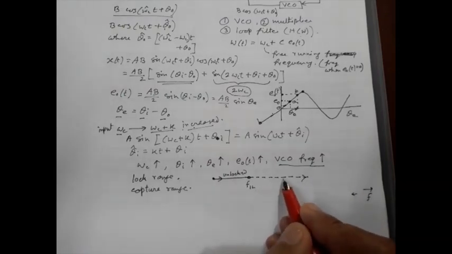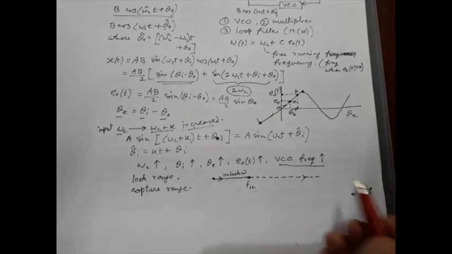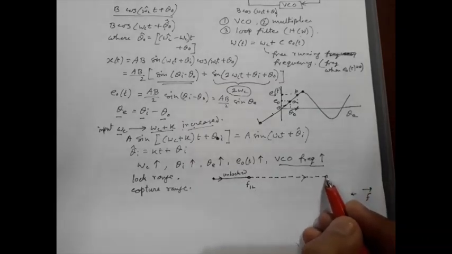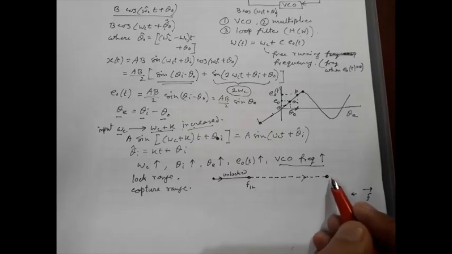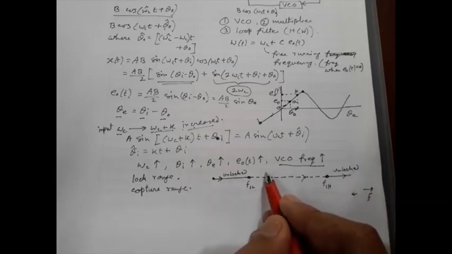So if we increase the frequency, it will get locked. At a certain point of time, suddenly it will release the lock at frequency say f1H, and then if we increase the frequency, it will again be unlocked. So this condition is the locked.